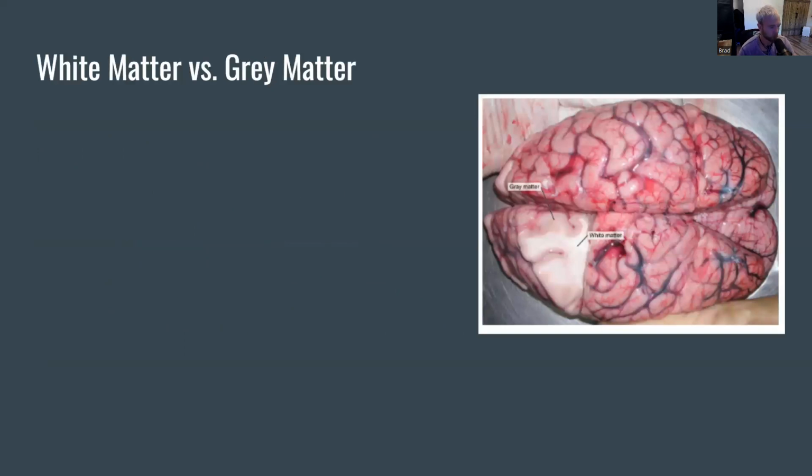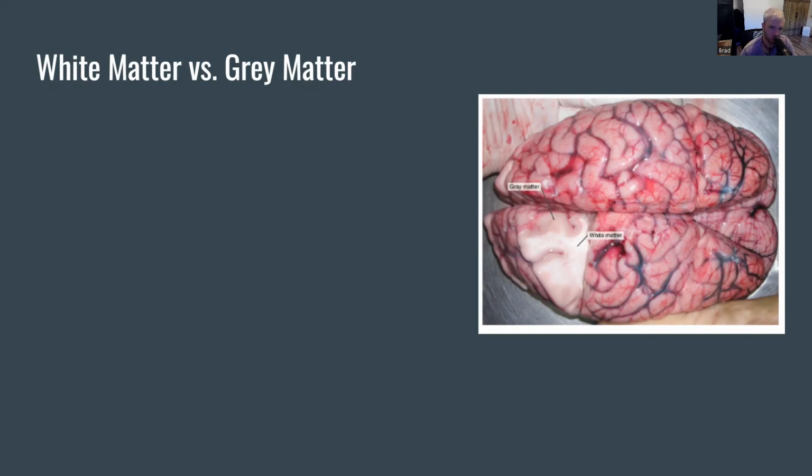When we talk about white matter versus gray matter, the best way to think about this is that white matter is white because it has the myelin sheath around it. The gray matter is basically the thinking part. That's where the dendrites and the somas are all interconnected to each other, processing information, but not sending it a radically long distance.